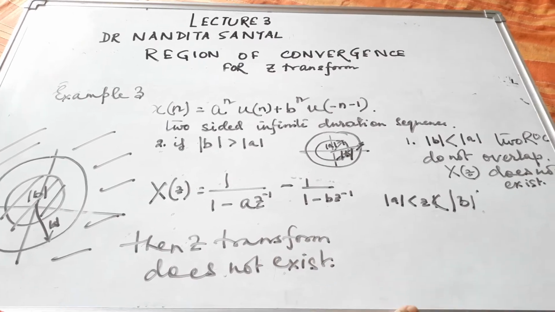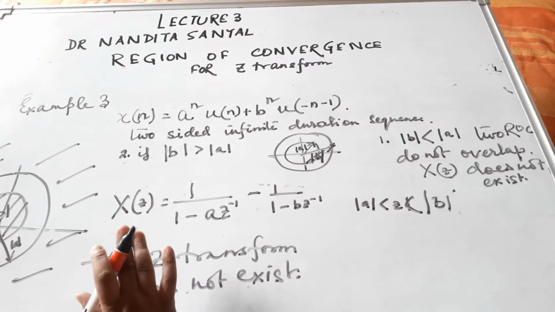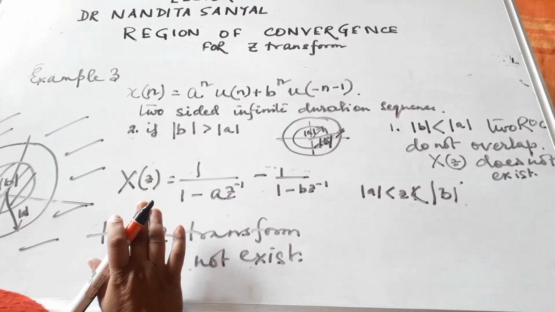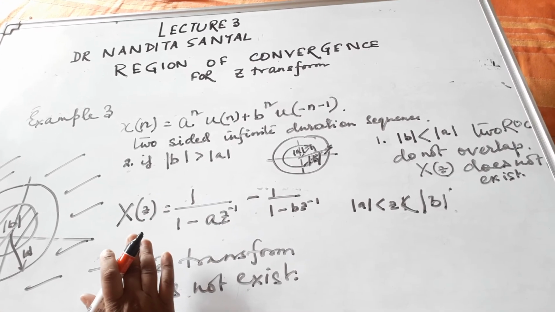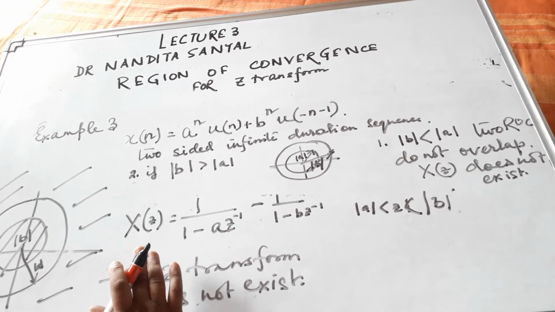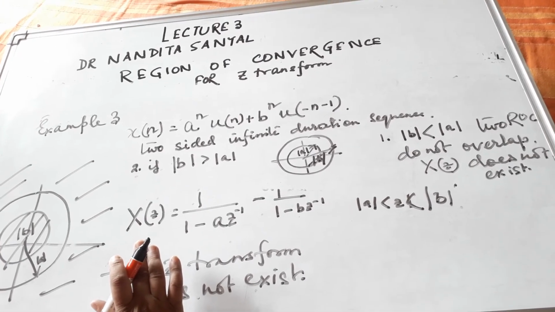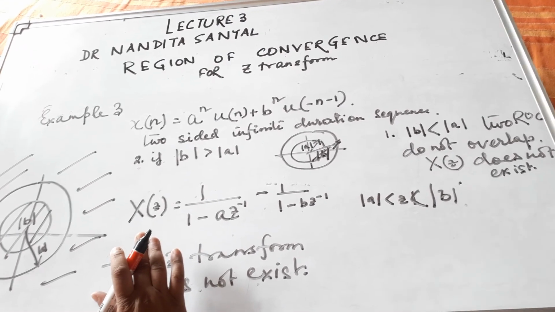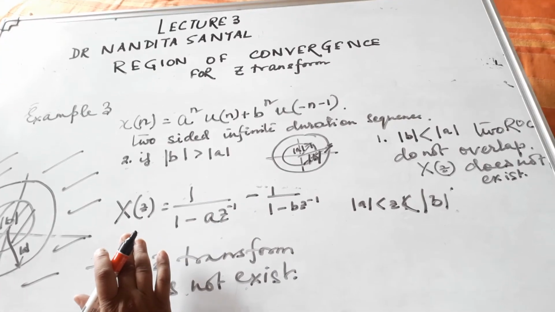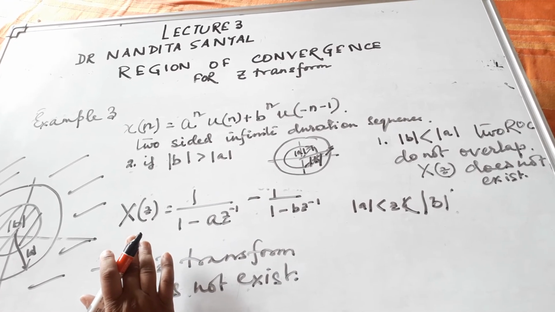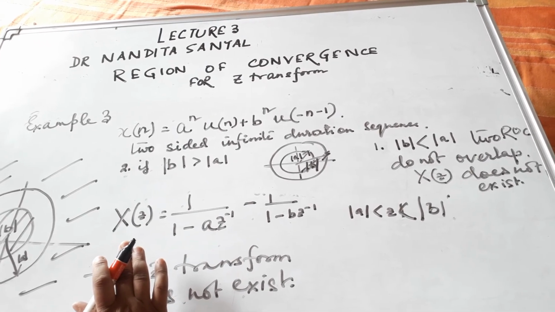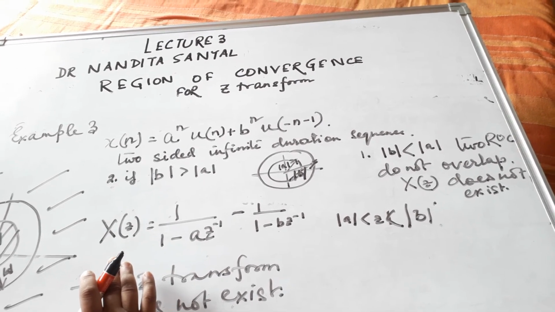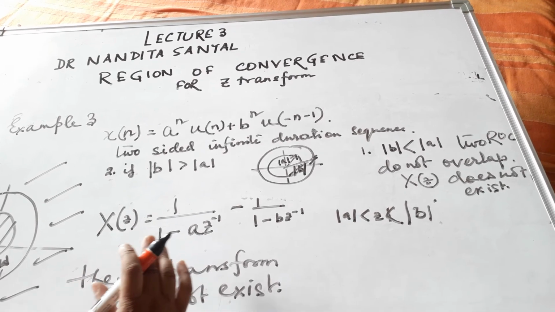I hope with these three examples your idea on region of convergence will be clear, and you should practice several other sums so that you will have a concrete concept on the region of convergence of Z transform.